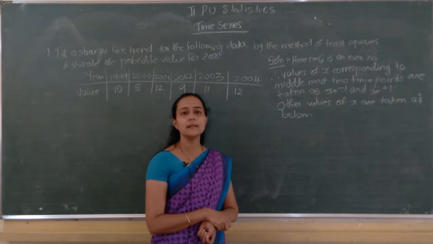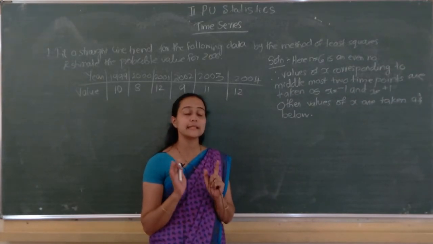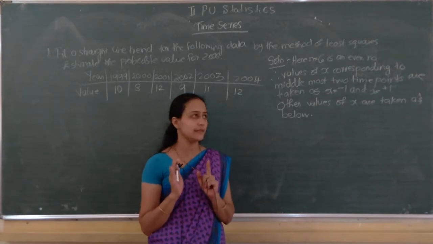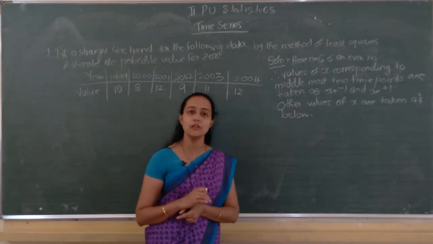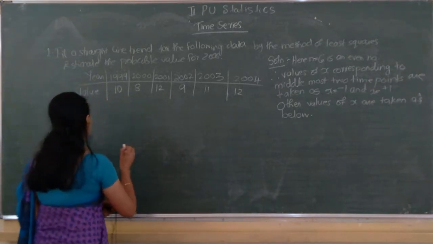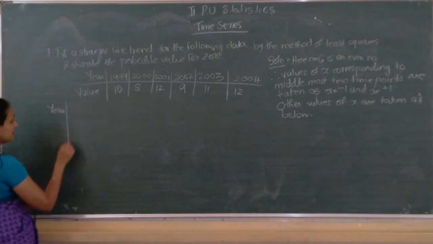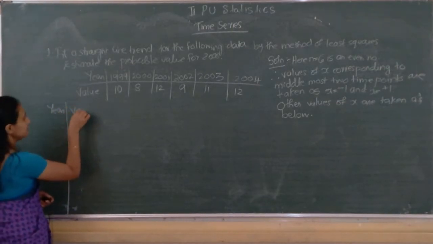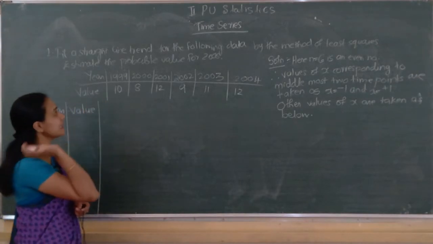Since n equal to 6 is an even number, this is the procedure you have to remember. One more thing to remember: the question says fit a straight line trend.